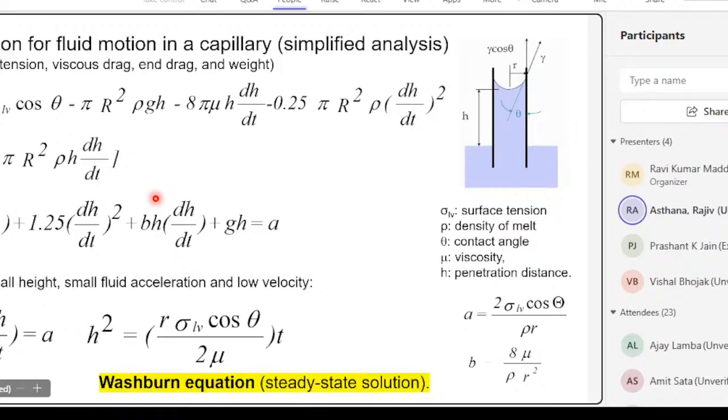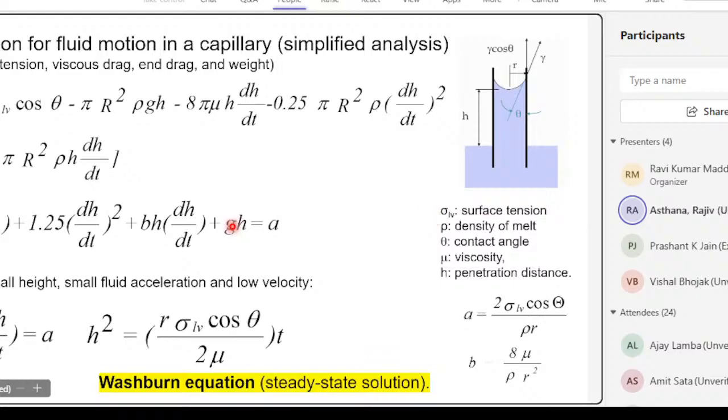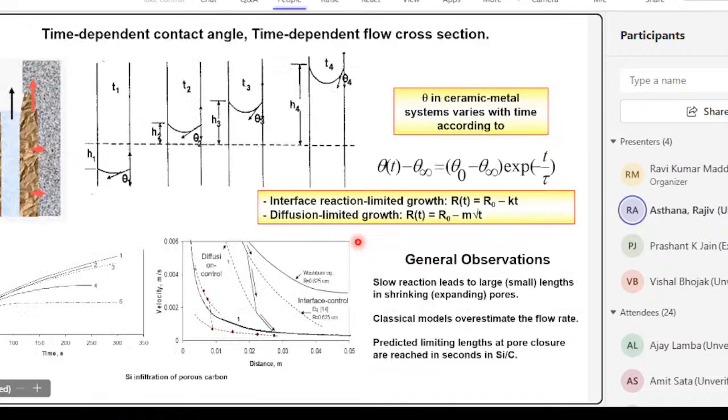But the point is that you can use basic fluid dynamics to predict the rate of infiltration of any pores, in terms of a fluid dynamic equation. So maybe I'll skip this one and the next one here.